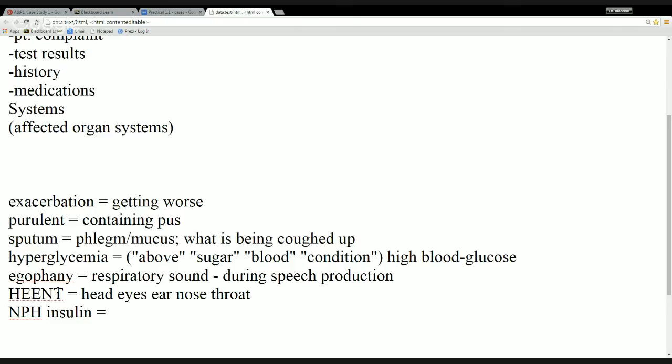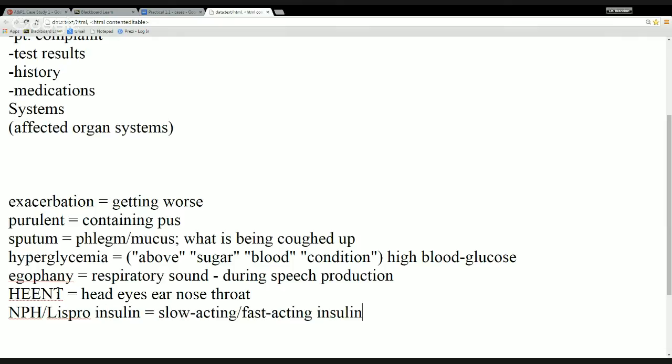So actually, let me put NPH versus Lispro insulin. This is referring to, I think they're called slow-acting and fast-acting insulin, which is to say she takes NPH in the morning, and that helps to regulate her blood glucose levels for the 24-hour period. And then when she's going to eat a meal, she takes Lispro to deal with the spike in blood sugar levels that you get for that meal.